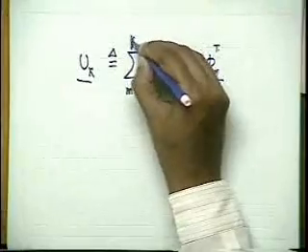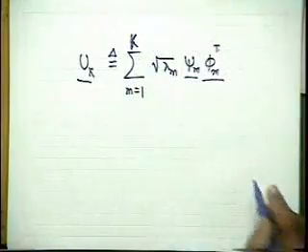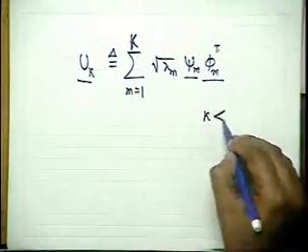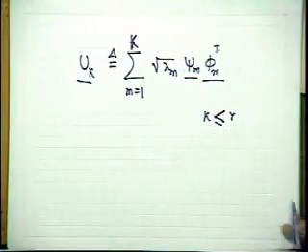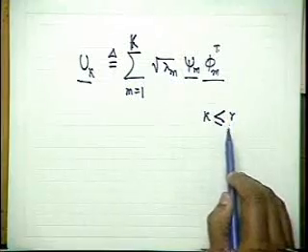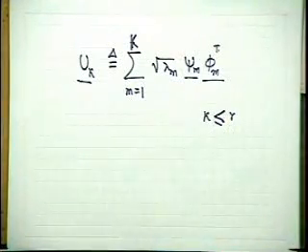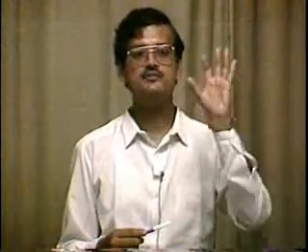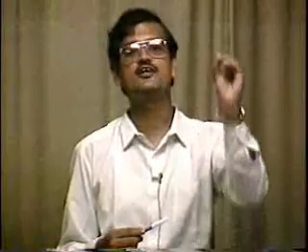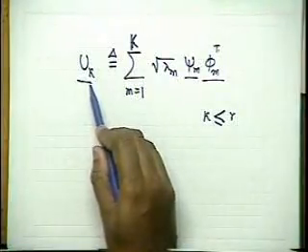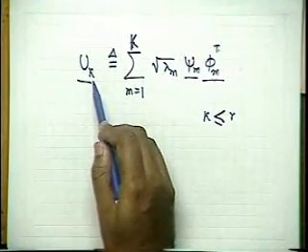This is an error-free composition of the image. But instead of taking r terms, if I decide to take only k terms, where k is less than or equal to r, that means out of the r non-zero eigenvalues, I am taking only the first k non-zero eigenvalues, then the image that I am getting is called the image U suffix k, because I have retained only the first k eigenvalues.